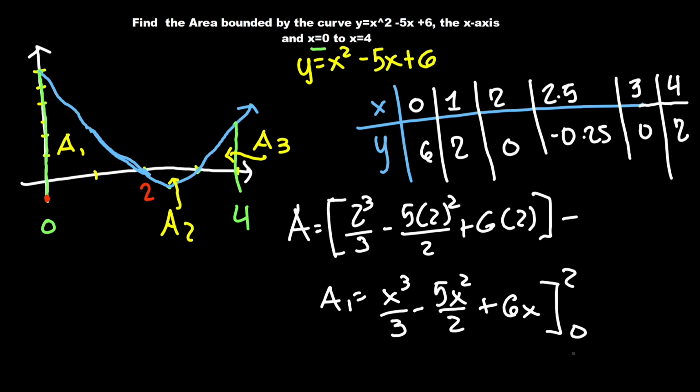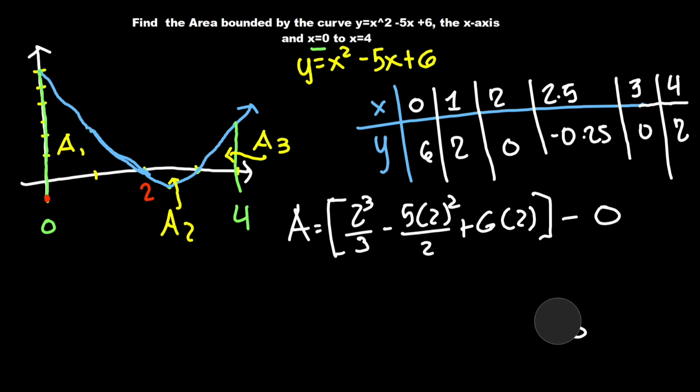If you substitute 0 into all the x, you would have a value of 0. 2 to the power of 3 would be 8. 2 squared would be 4, multiplied by 5 would be 20, divided by 2, which is 10. Plus 6 multiplied by 2 would be 12.